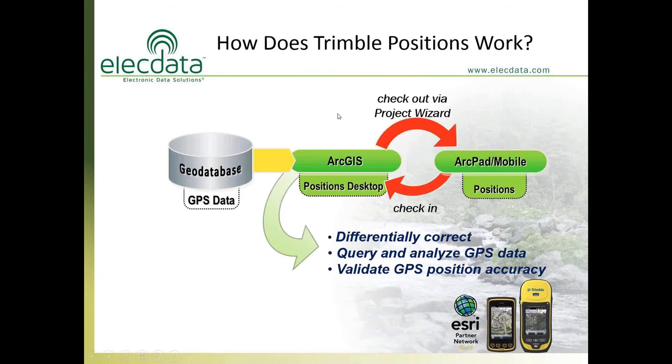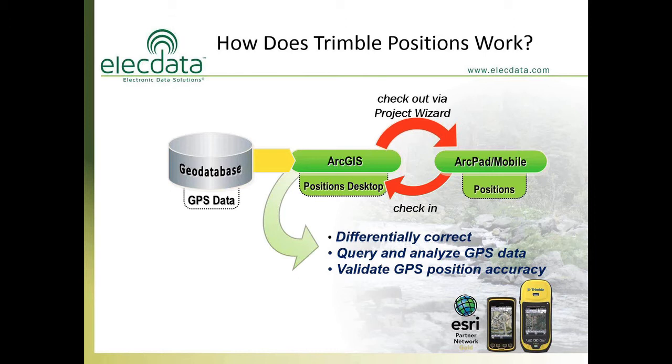Moving along right into the Trimble Positions software. So how does Trimble Positions work? Well, with ArcGIS, you have the Positions desktop add-in that gives you the ability to interact with the geodatabase. You can add GPS data to the geodatabase. It's called GNSS enabling the geodatabase.